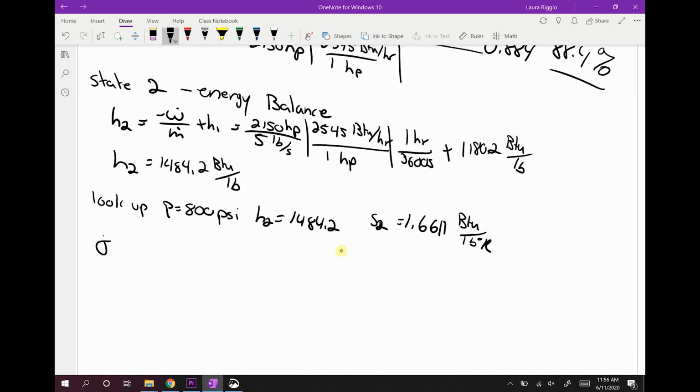So our entropy produced is our 5 pounds per second times our change in entropy.